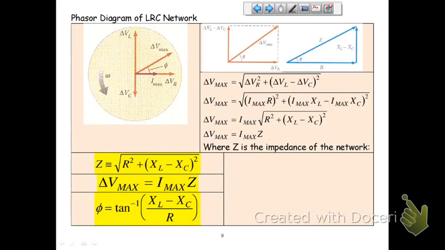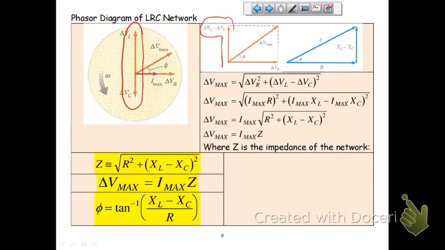So what's the voltage at any given instant? Use Pythagoras, because delta VL and delta VC are fighting each other. They will always combine to give you one component, and that will always be at 90 degrees to the voltage across your resistor.